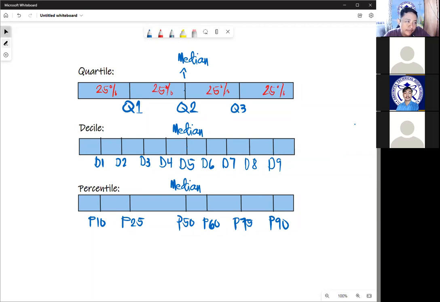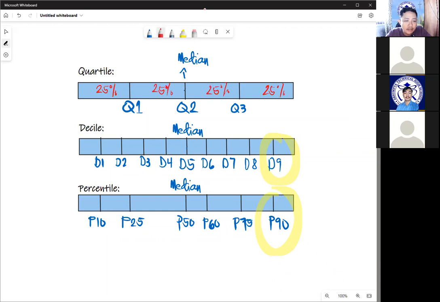Simply showing that do not be afraid to forget formulas of percentile. For example, if you are looking for the 90th percentile and you forgot the formula for the P90, then you can just go back to 9th decile and then solve for the value. Because 9th decile and 90th percentile are just the same.